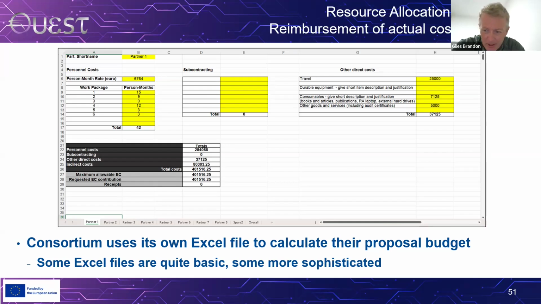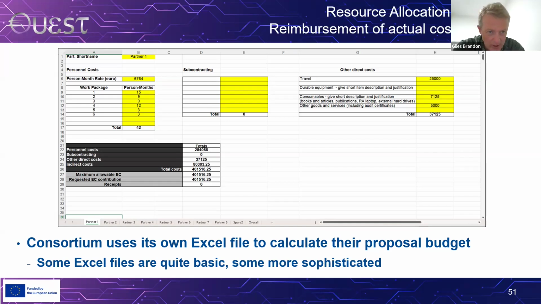I say basic because whenever I've developed proposals, I've tended to say to partners, please give me an average person month rate for your staff. I don't want to know the rate for each individual expert. That's getting too detailed and complicated, if you like.